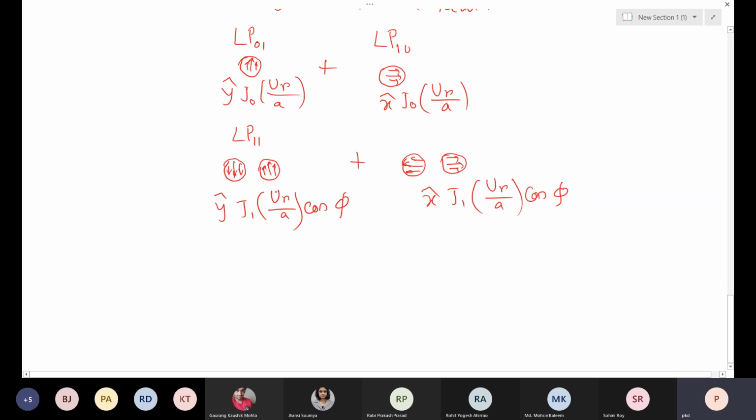Now, because there are two spots, they can be distributed either horizontally or vertically. So the vertical splitting is given by sin phi.